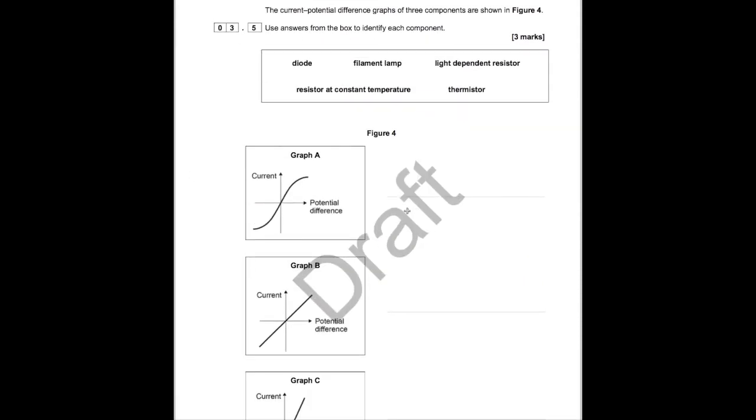The current potential difference graph of 3 components are shown in figure 4. Use answers from the box to identify each component. Well, this is a filament lamp, otherwise known as a bulb, but as I say to the kids I teach, imagine it's called a spurb because it's an S shape. This is an ohmic resistor, so it's a resistor at constant temperature.